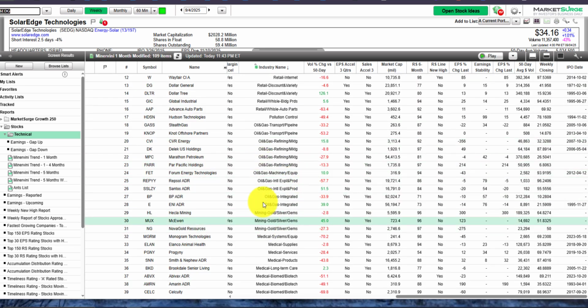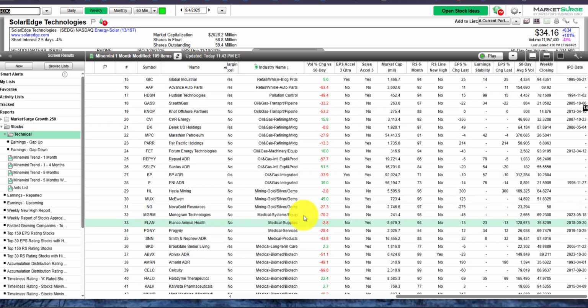One thing that I'm noticing here, look at all these oil and gas. There's about 10 oil and gas stocks. Maybe we'll go through those first because I have not been looking at oil and gas stocks recently. And according to this, that industry might be warming up.